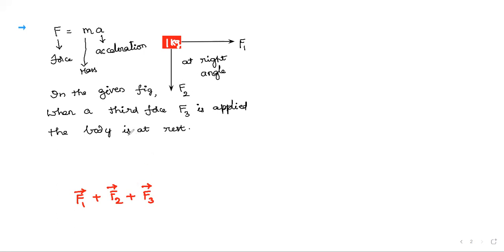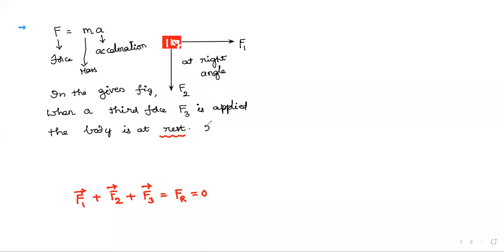The sum of the three forces, since the body is at rest, is the resultant force, that is equal to 0, since the body is at rest under the given condition. So under the given condition, when the three forces are there, the resultant is a null vector.